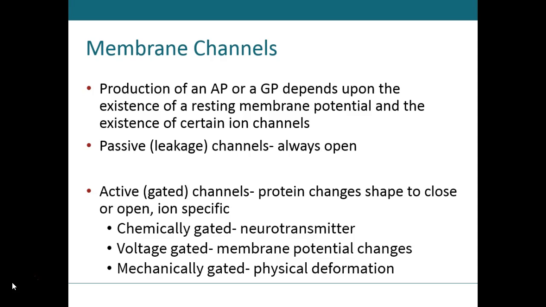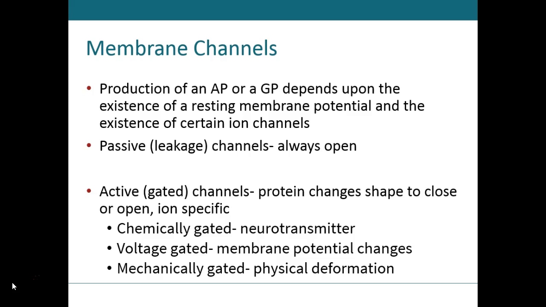So when ion channels are open, they allow specific ions to move across the cell membranes down their electrochemical gradient. That's simply a concentration chemical difference plus an electrical difference.